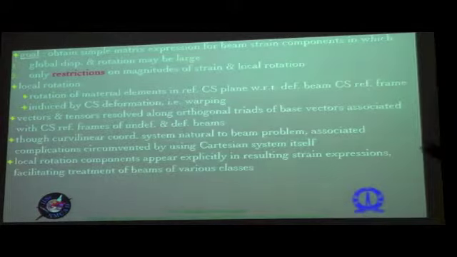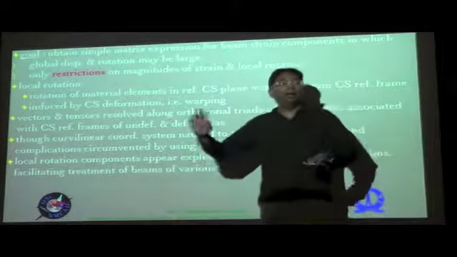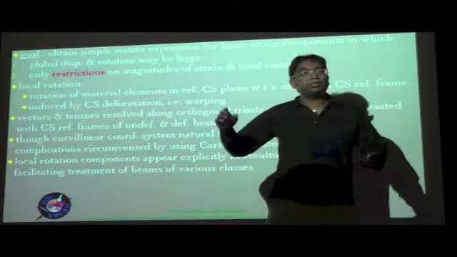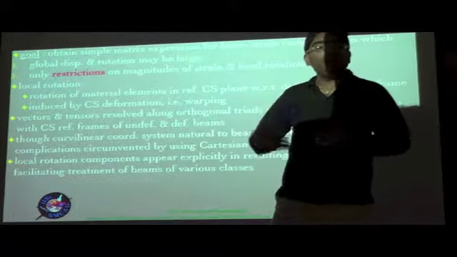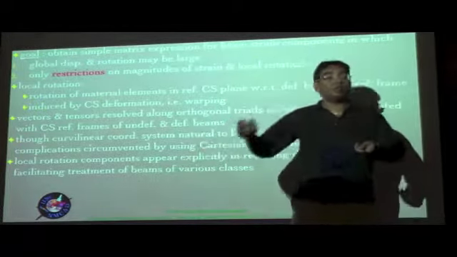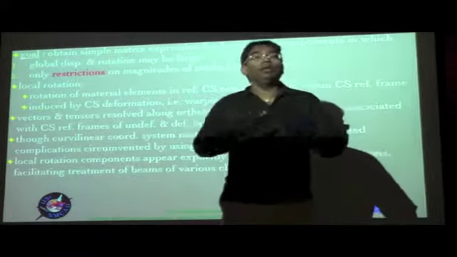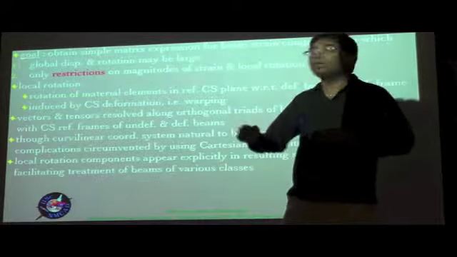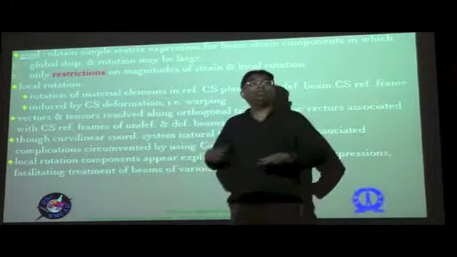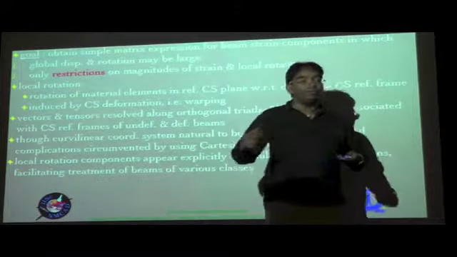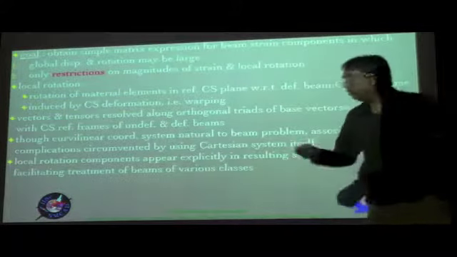And in fact, apart from the way we classified beams earlier as R, S and T based on the curvatures due to bending, the flexural curvatures kappa 2 and kappa 3, and the torsional curvature kappa 1, having different relative orders of magnitude with respect to each other, instead of that classification, we can classify using the local rotations' orders of magnitude as well, and they turn out to be equivalent ways of classifying the beams.